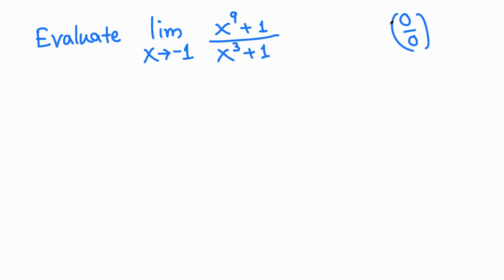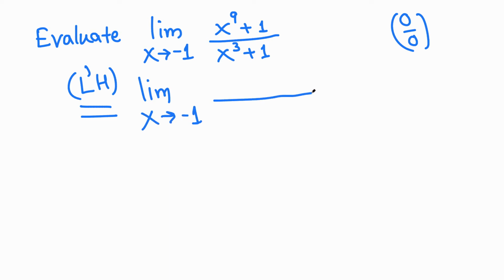Whenever we have 0 over 0, or plus or minus infinity over plus or minus infinity, like that, then we can use L'Hopital's rule. I'm indicating that by writing LH, which says the limit of this fraction is the same as the limit of the fraction of their derivatives.